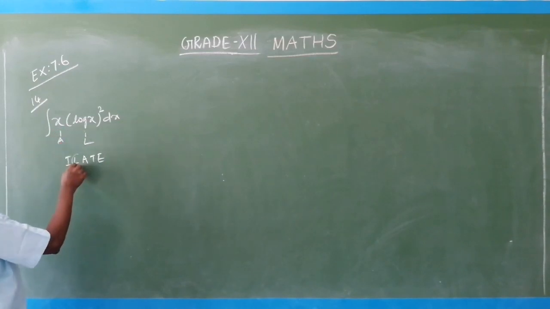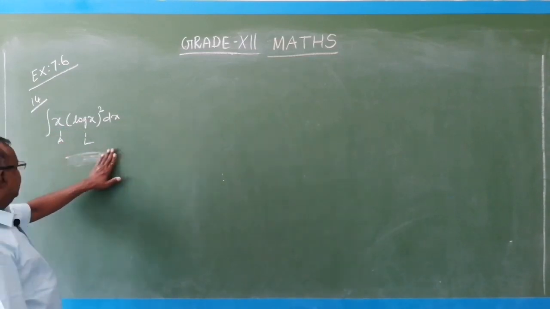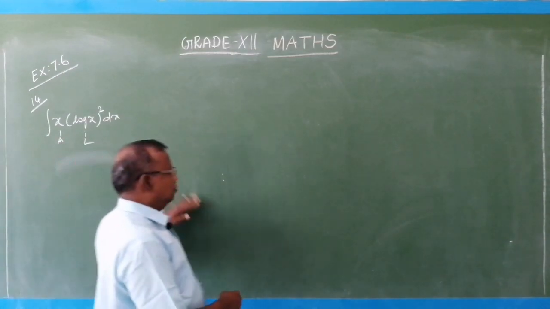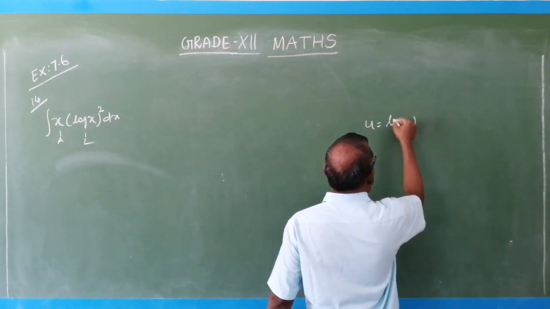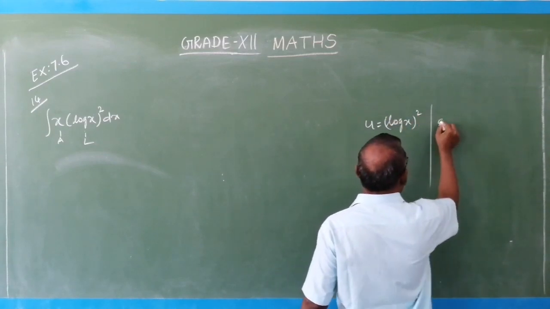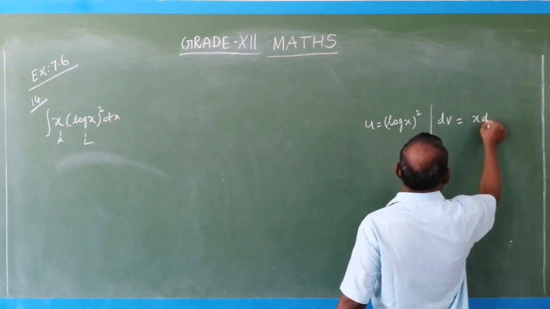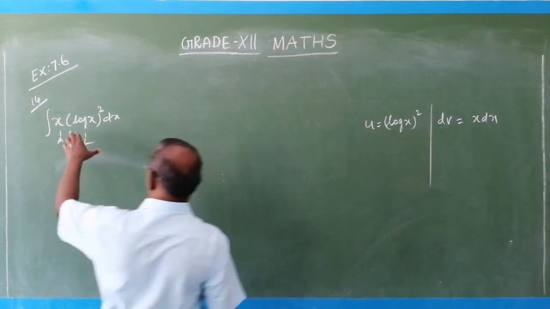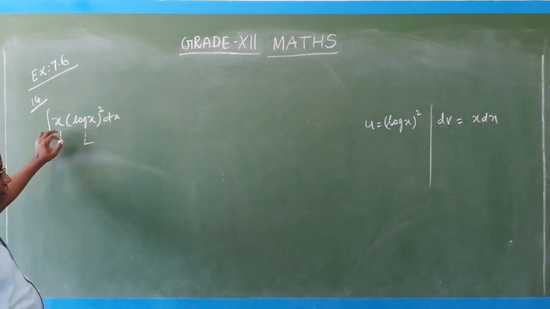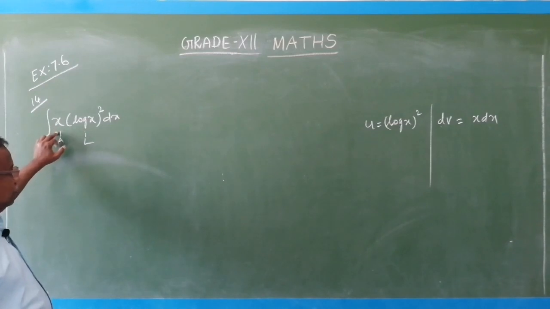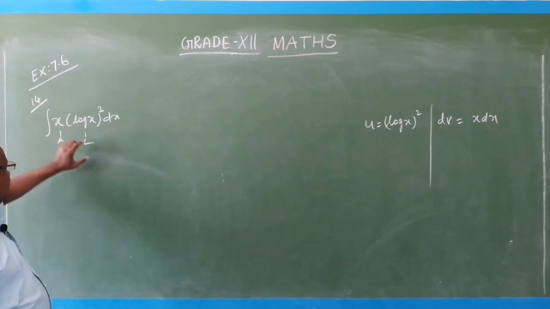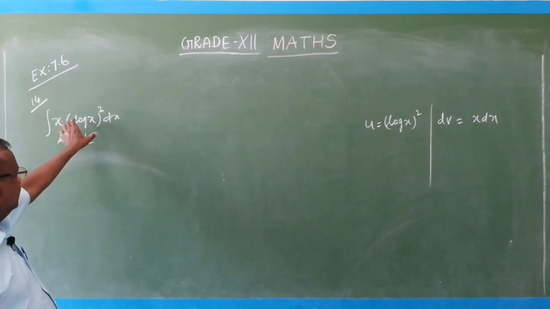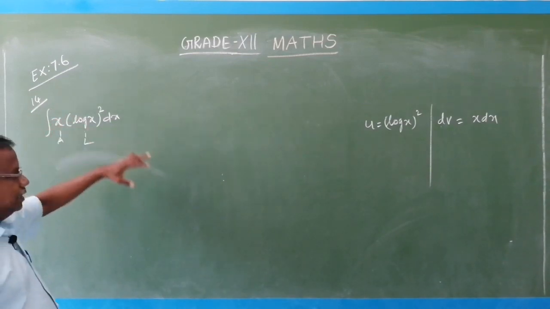Preferably L is u, so let u equal to log x the whole square. So dv is nothing but x dx. Here there are two functions, one is log x the whole square, another one is x. Since L comes first, log x the whole square is taken as u and x dx as dv.